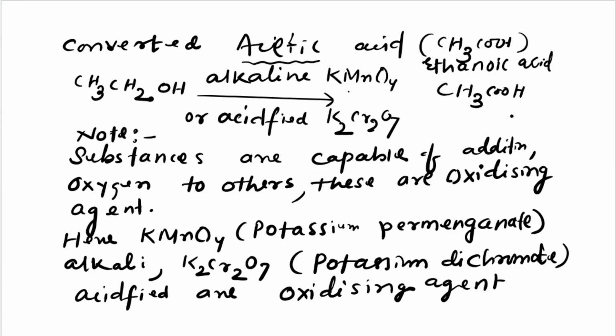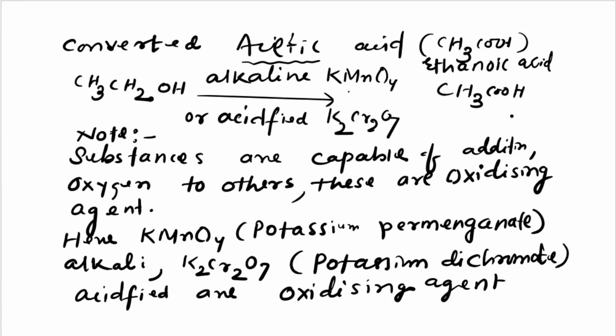Then what is the note here? Note means the main important things you take here. Substances are capable of addition of oxygen to others. Who will give oxygen to others?